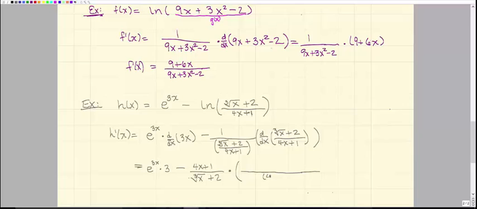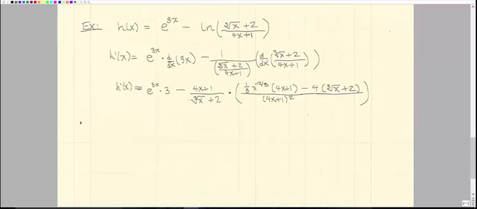So the denominator being 4x plus 1 squared, the numerator would be 1/3 x to the negative 2/3, that's the derivative of the cube root of x, times the denominator, minus the derivative of the denominator, which is 4, times the numerator left alone.